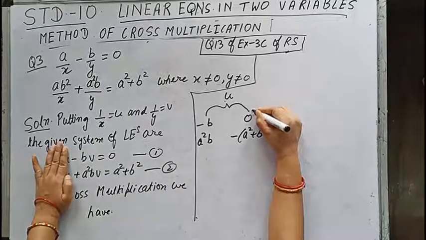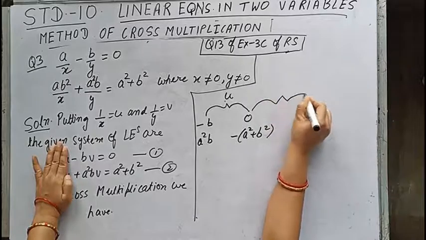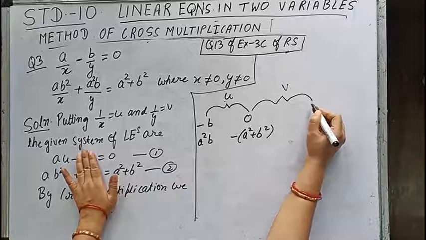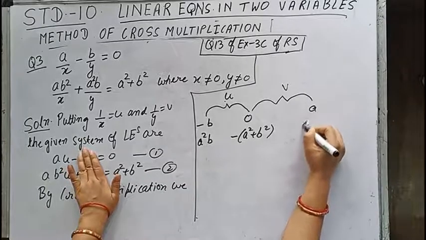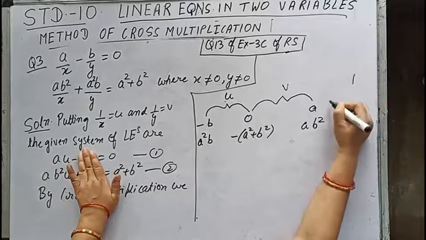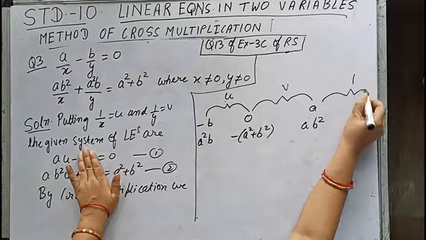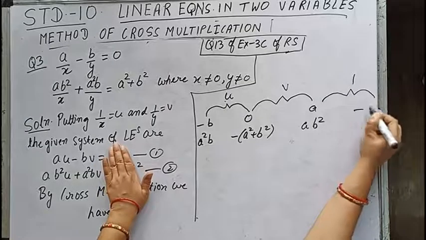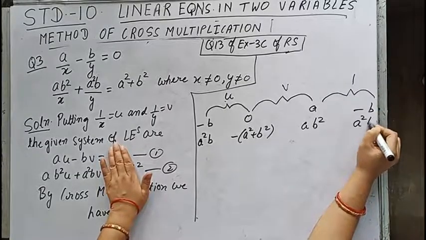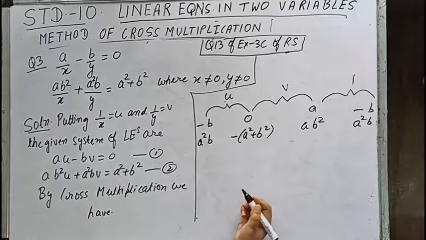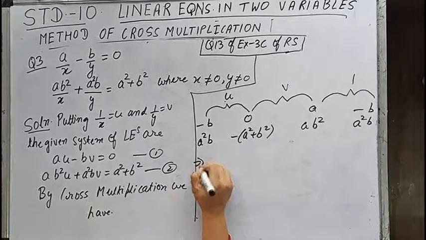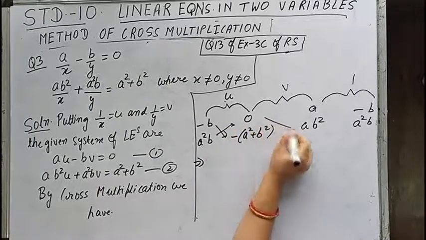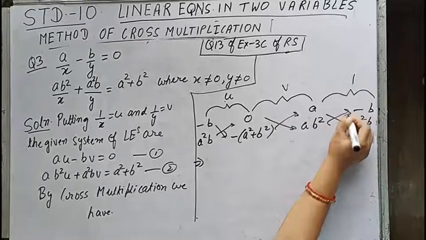Now after that, over here v, and below v we will be writing this one, so a and ab square and 1, and over here we will be writing minus of b and a square b. Now over here this implies, let us give the sign of this cross multiplication.